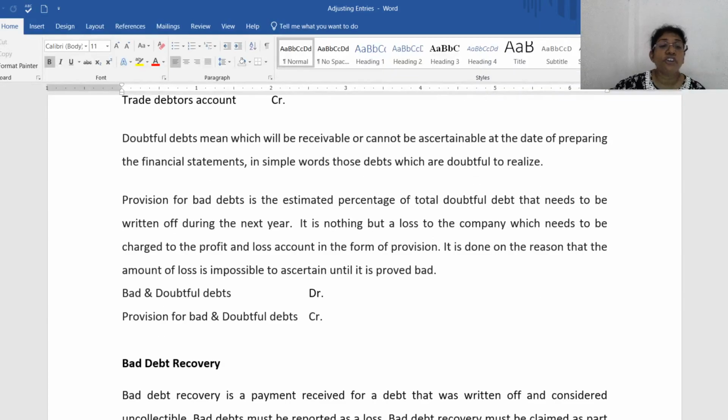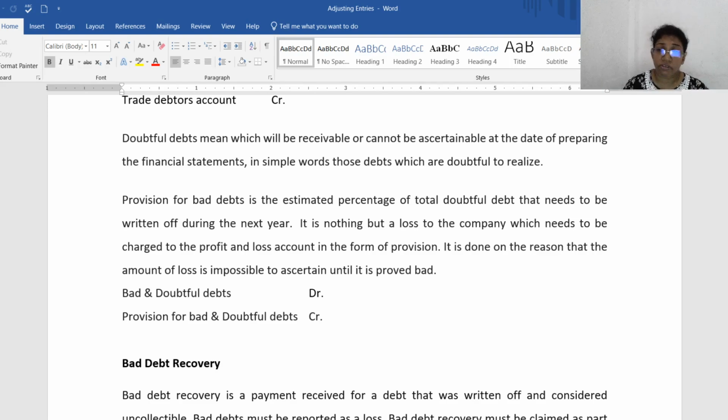The provision is estimated as a percentage and this percentage is decided by the management of the company. So, what the management is going to do is they are going to provide a fund. That's the provision, right? It is nothing but a loss to the company, which needs to be charged in the income statement, right? In the form of a provision.